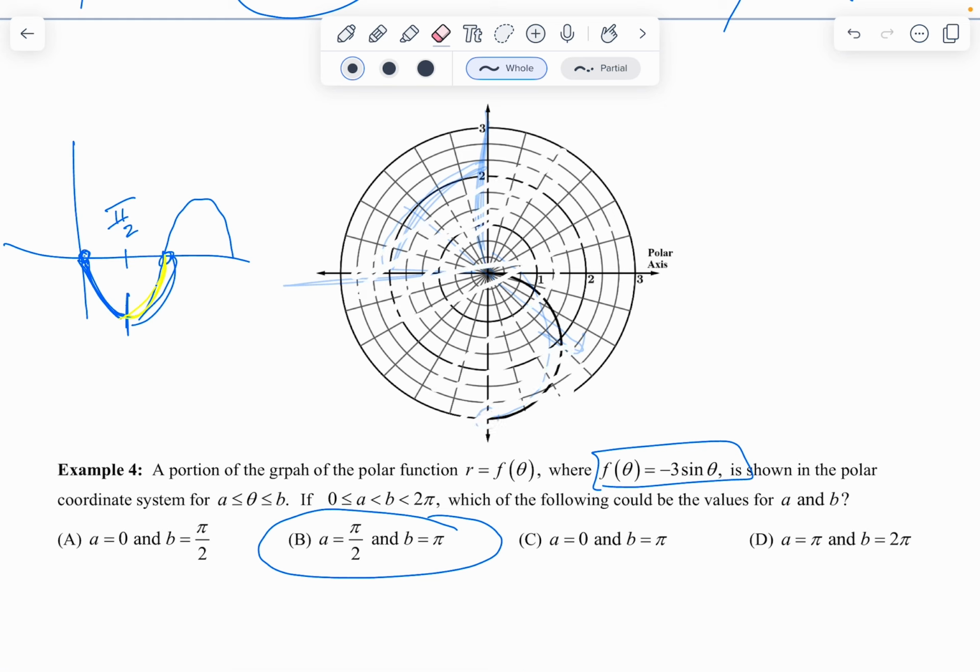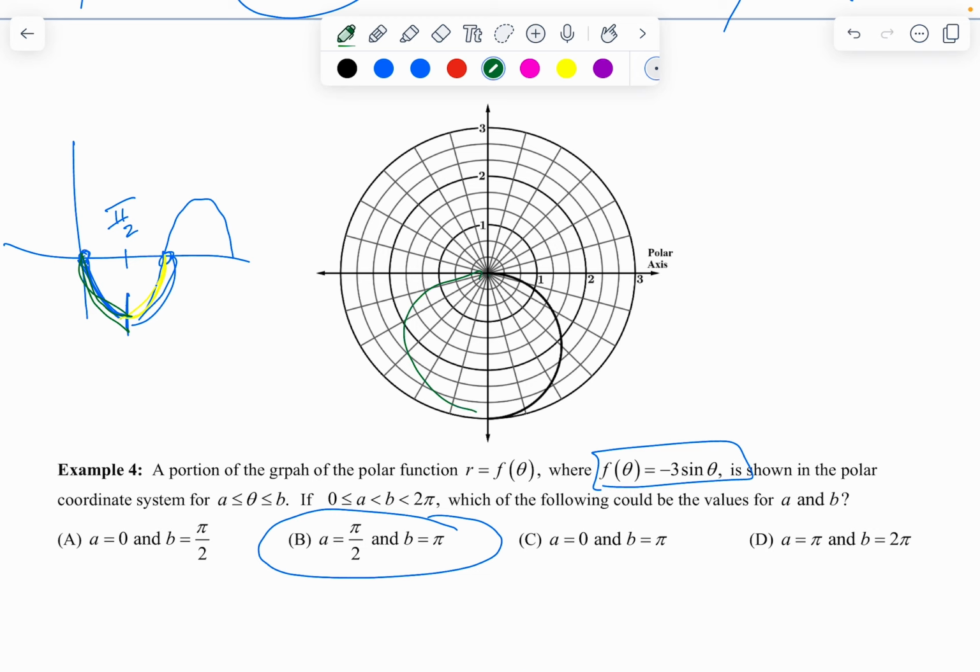But let's see what happens if we try the others. If I go from 0 to pi over 2, we just said that it's going to start at the pole, and instead of moving into quadrant 1, it's going to move into quadrant 3, and do something like that. No good. If I go from 0 to pi, that gets me the whole circle.